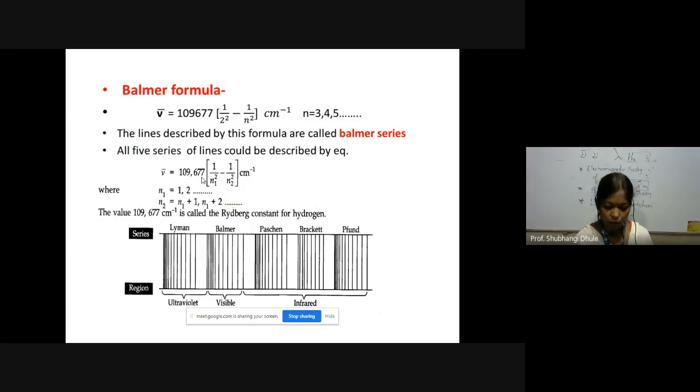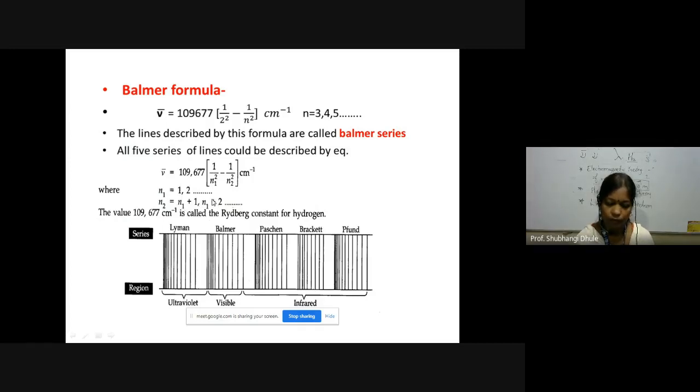Here the value of n1 starts from 1, 2, 3, 4 like this. The value of n2 will be n1 plus 1, so the value of n2 depends upon the value of n1. If you take n1 as 1, n2 becomes 1 plus 1, that is 2.